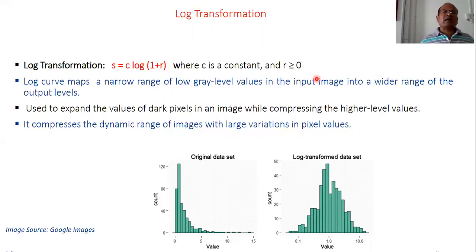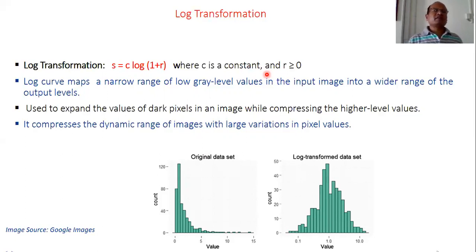For a 0 value, how can you calculate? If you substitute R equal to 0 here, it becomes 1, and log of 1 is 0. So for 0 the output is 0. This transformation is applicable for all non-zero intensity values.